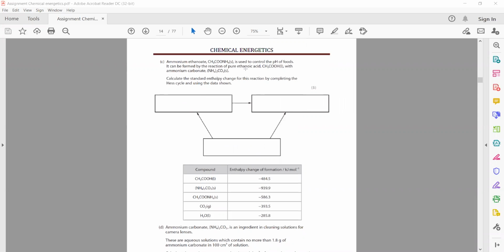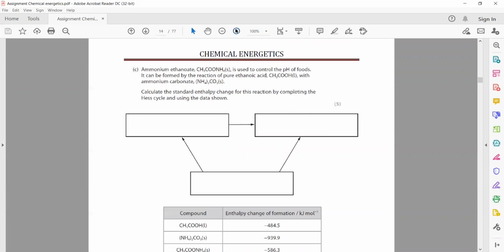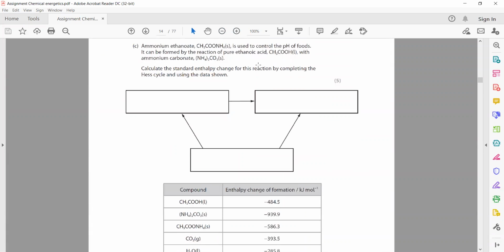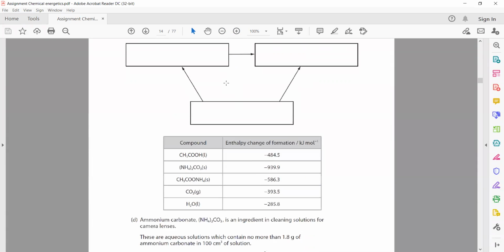So they mention ammonium ethanoate is used to control pH, and how it is formed. It is formed by reaction of ethanoic acid with ammonium carbonate. So when acid reacts with carbonate, it will give salt, water, and carbon dioxide. The reason why I'm showing this data as well is so that I can use it for calculation.